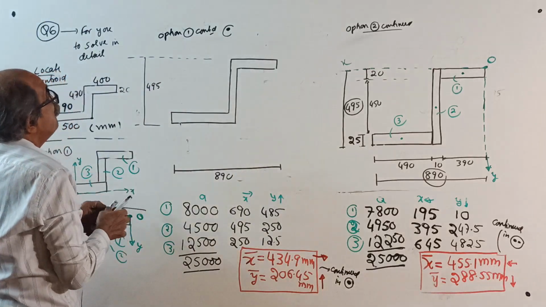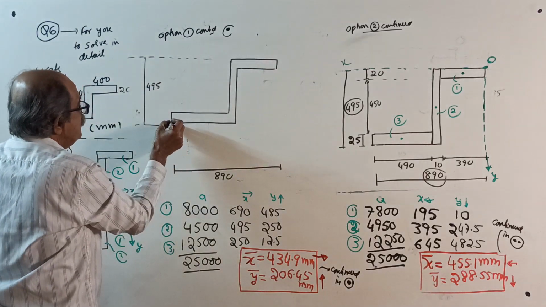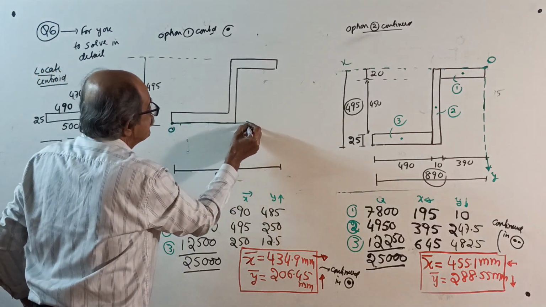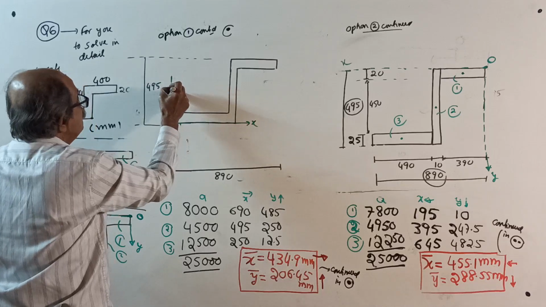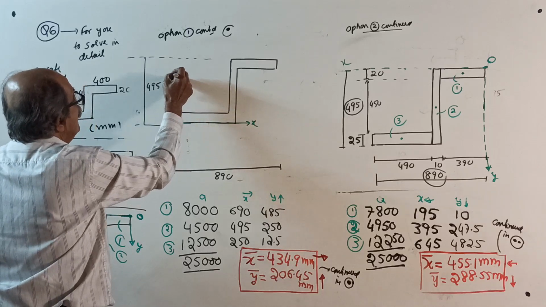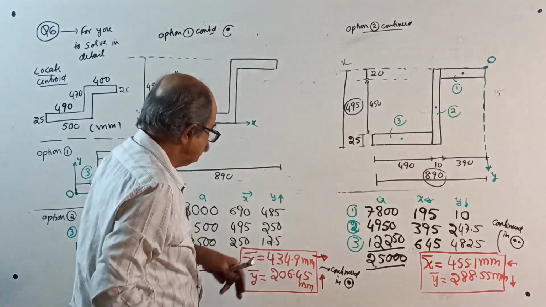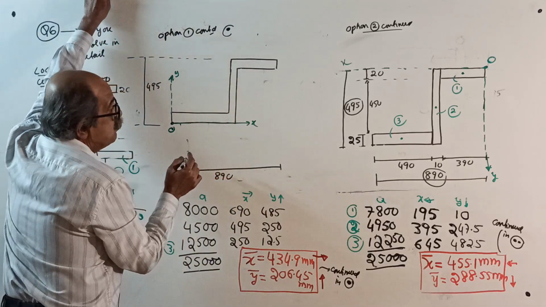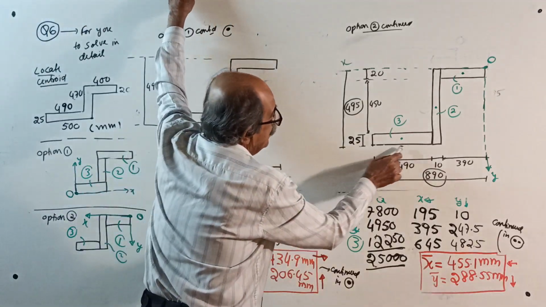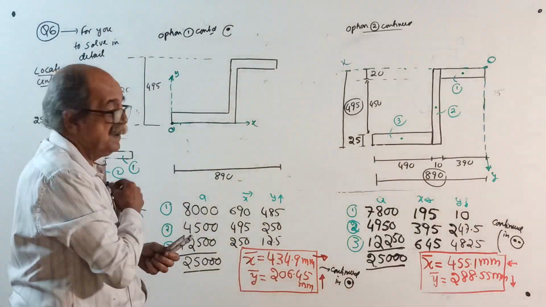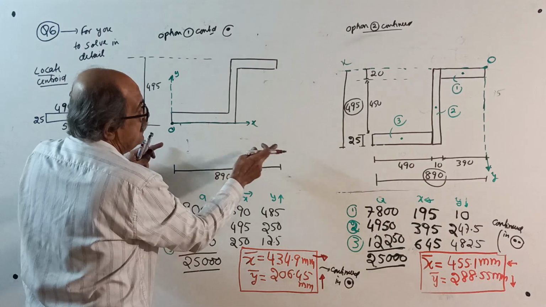Now, option 1, your origin is here. This is how you considered x, this is how you considered y, and you got x bar 434.9. 434 means, see, this is 490, so it will be somewhere here. Red color required. 490 it is.